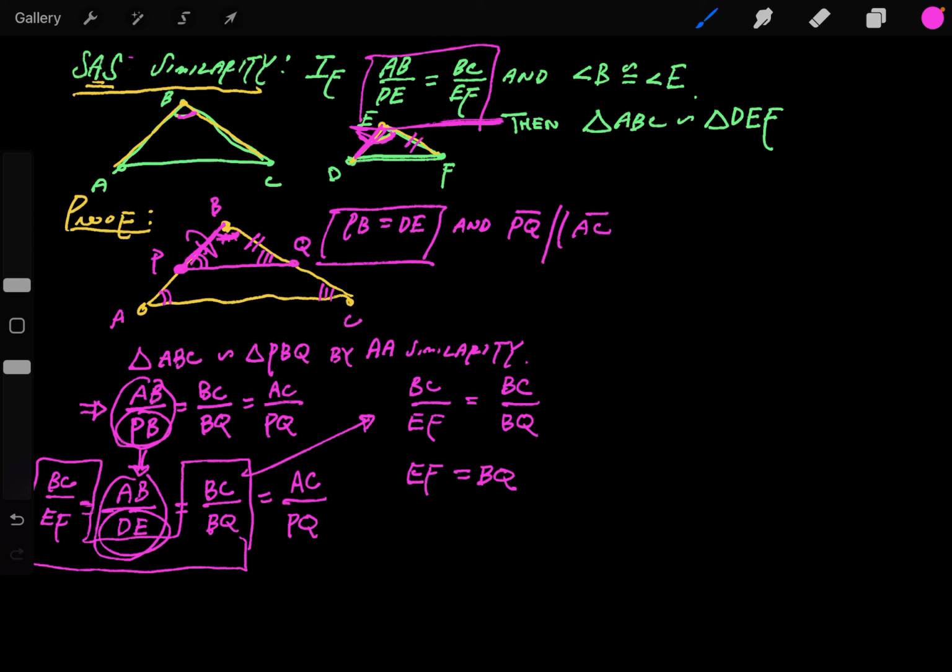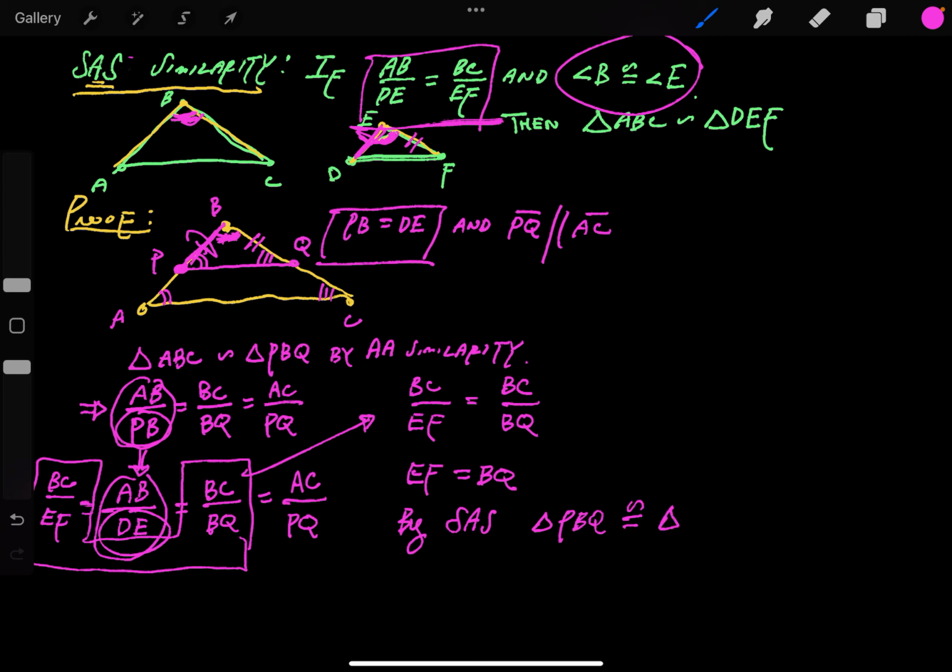I'm given that angle B is the same as angle E. So in triangle PBQ, this angle is the same as this one, which we were given is the same as E. So by side-angle-side congruence, I have triangle PBQ is congruent to triangle DEF. And that implies similarity.